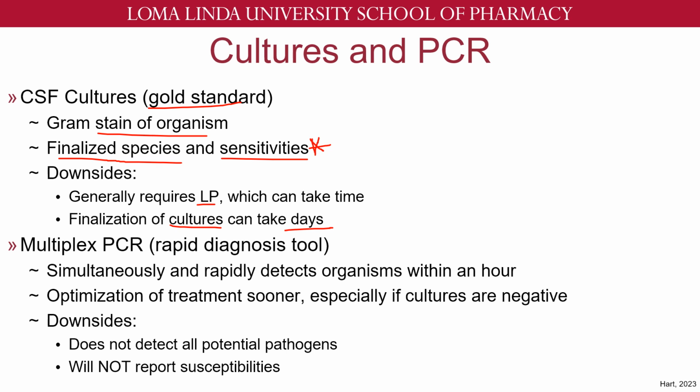Now we do have the multiplex PCR, which is a rapid diagnostic tool, which also uses CSF, but it simultaneously and will rapidly detect organisms within an hour. So it's really useful if you get a patient that comes into the ED and you're thinking, yes, it's meningitis, get a lumbar puncture as soon as possible and send your samples down to the microlab so they can start culturing, but also run a PCR test on it because you may get an organism.